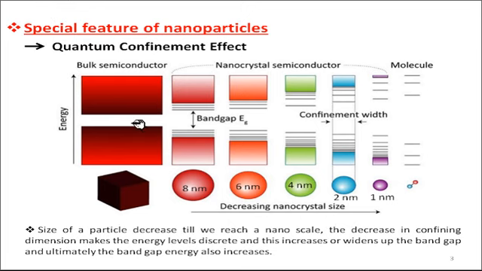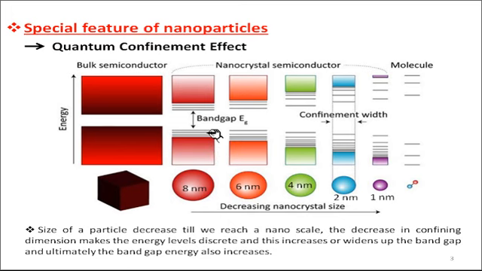So the continuum band we were talking about initially will not remain a continuum in the case of nanoparticles, and you will see some discreteness at the edges of each band.